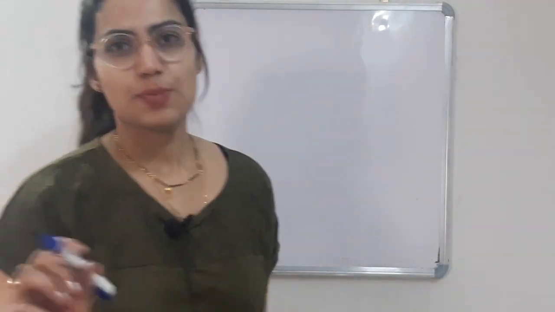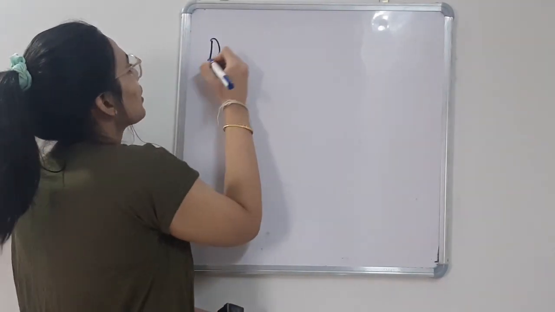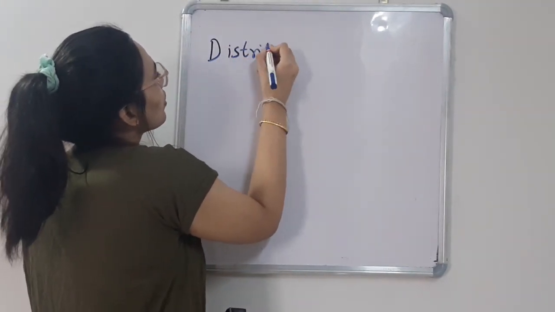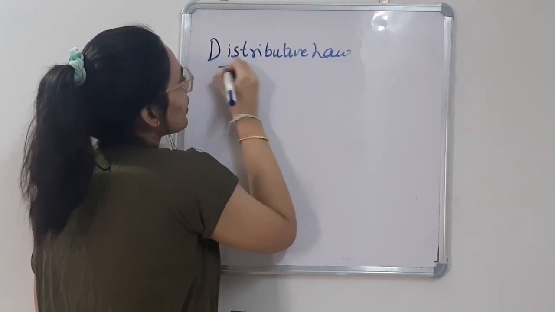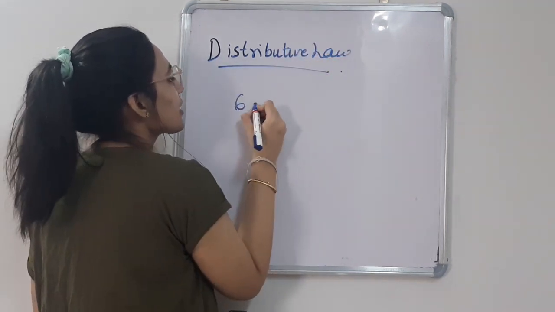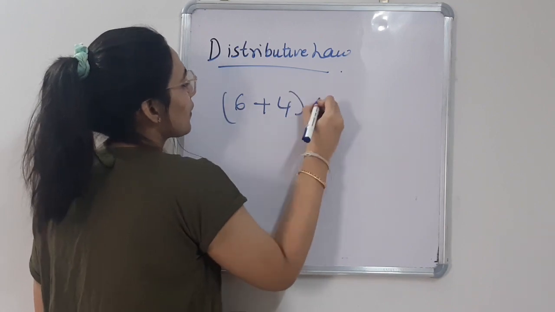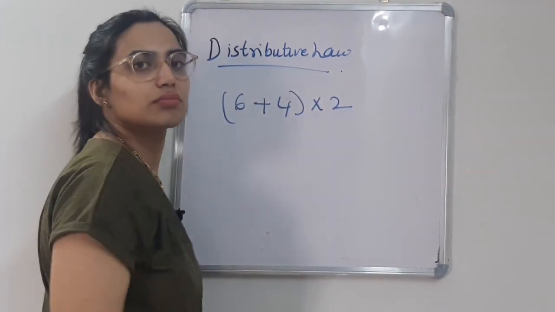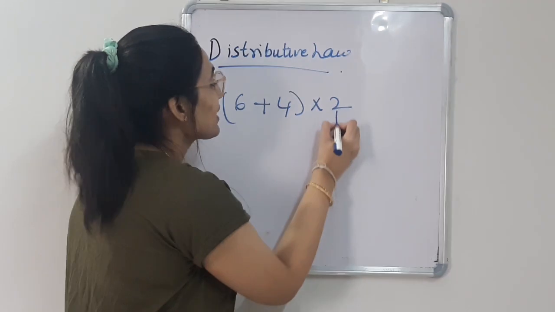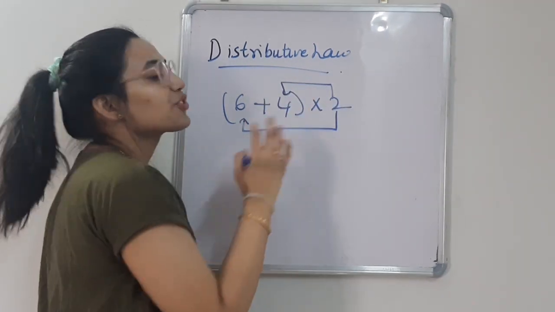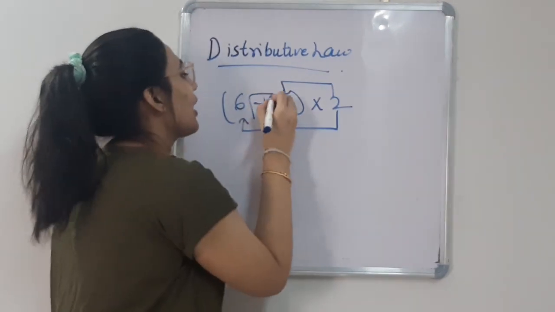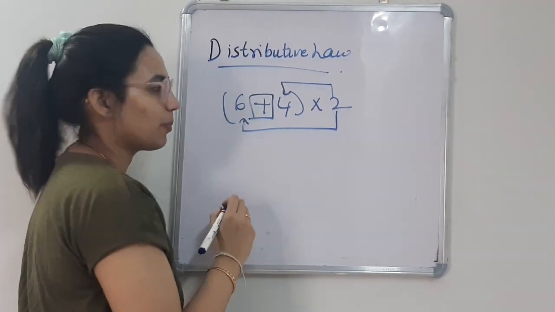Before we go to the last problem of the day, let's see what the distributive law is in depth. So distributive law states that, for example, there is this form, right? It states that the number outside the bracket can be multiplied by the individual numbers inside the bracket, retaining the operation.